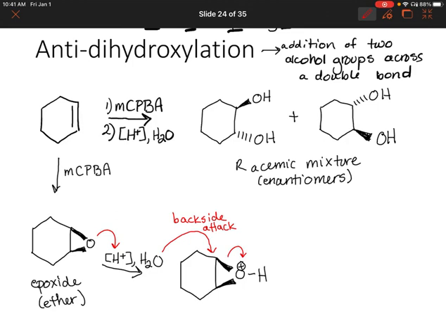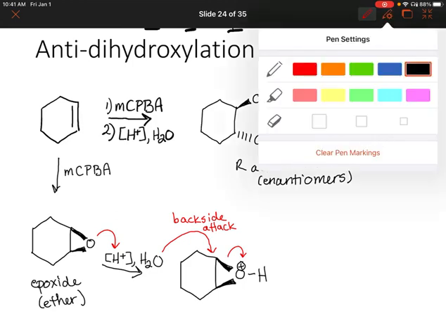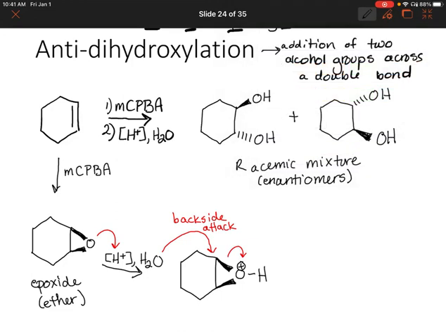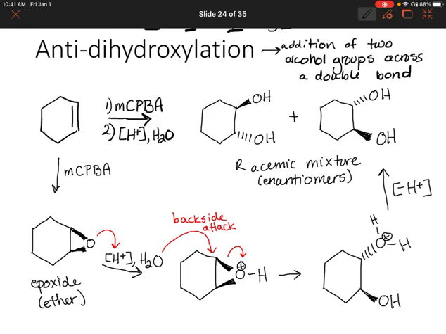So water has to come in from the other side. Okay, so then we'll end up with an alcohol group on one side, and then we have our water molecule on the other side, and then we just need to deprotonate that to get our final products.